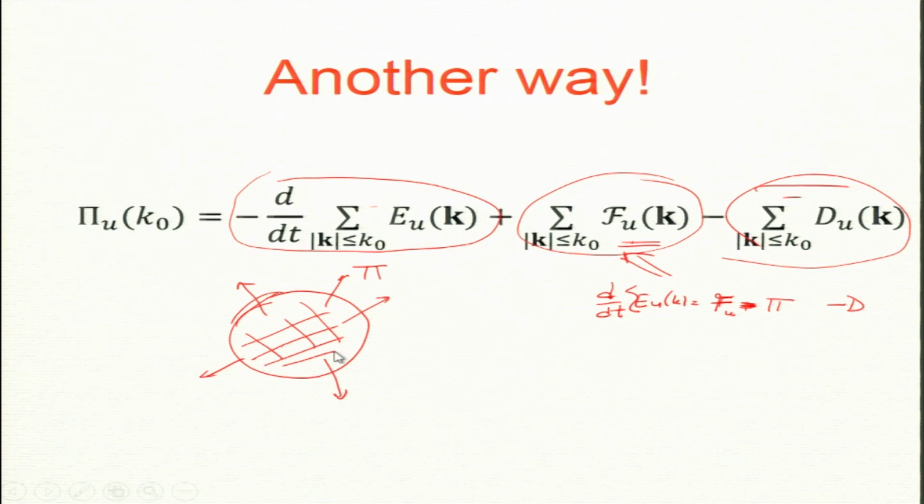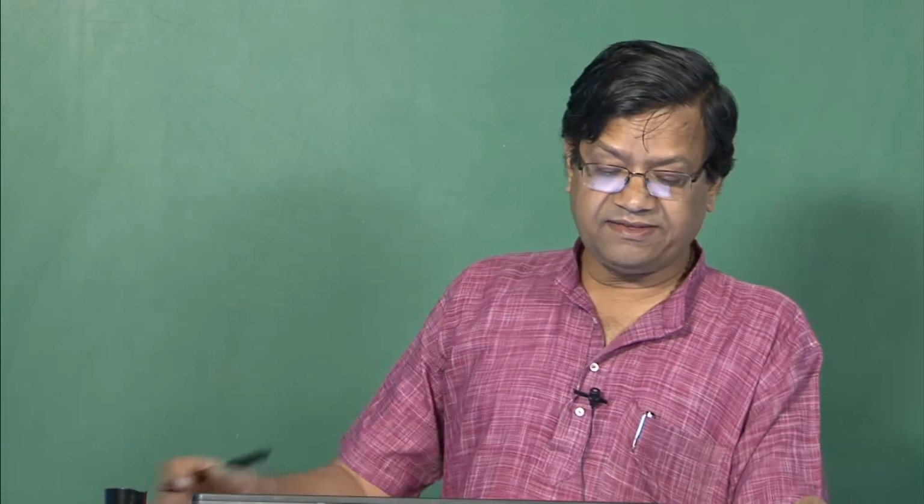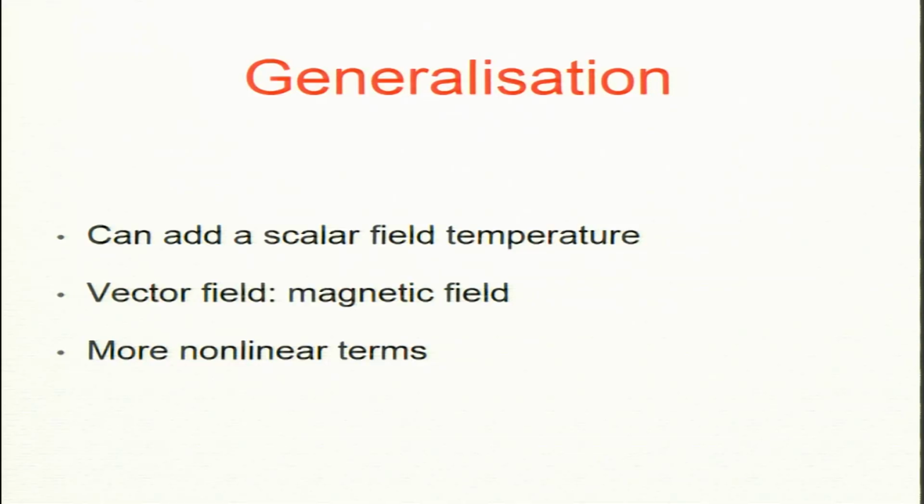So, basically, we can solve our Navier-Stokes equation. We can also compute various energy transfers. Now, we can generalize it to more complex fields like convection, which we did in the class. So, we have an additional field, temperature. So, we have another partial differential equation, with a nonlinear term, and so on. But you can solve it exactly the same way.